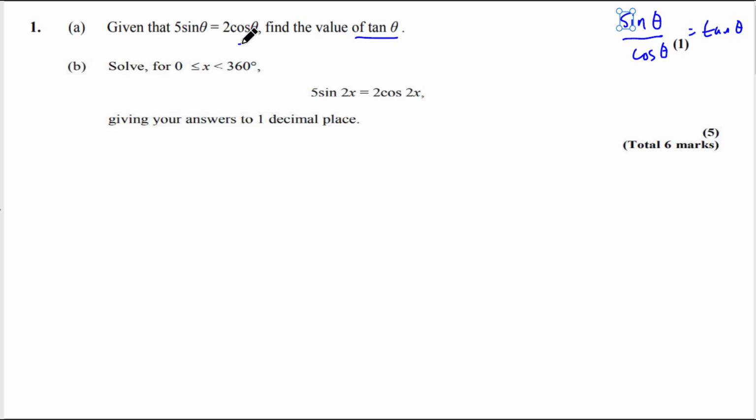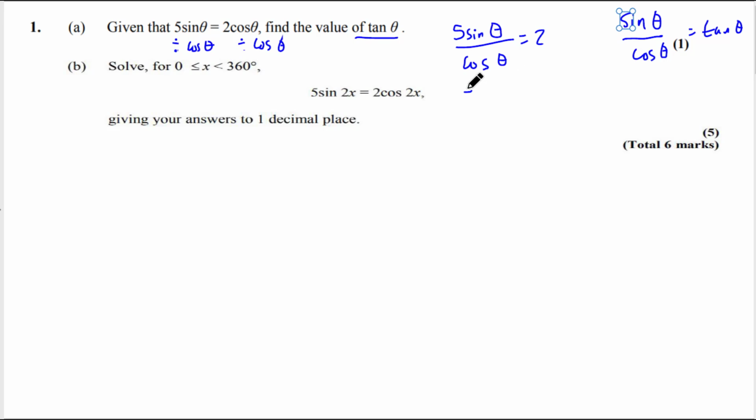So if we divide both sides by cos theta here, we are going to get 5 sine theta over cos theta equals 2.